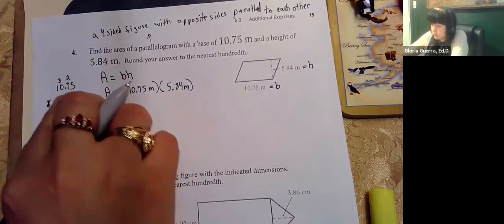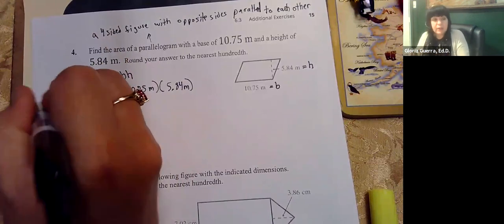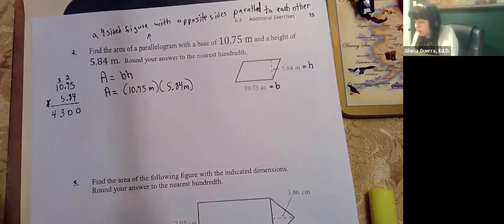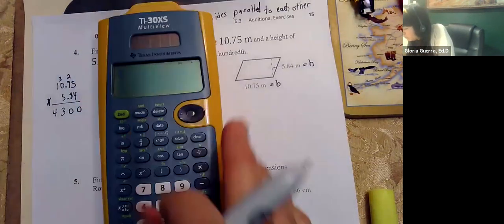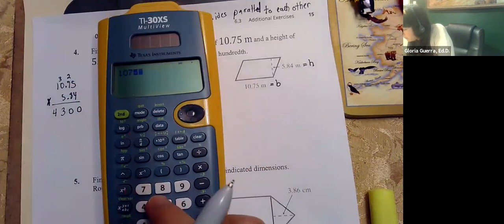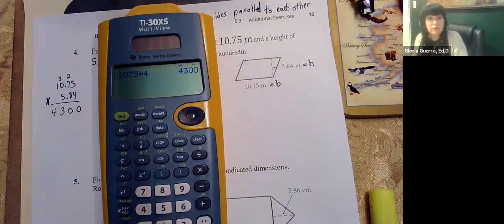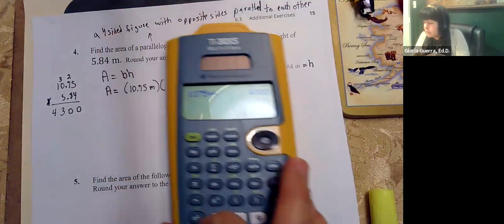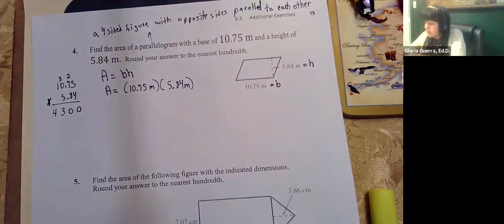And 4 times 1 is 4. And then if you want to check that right away on your calculator, that might be a good idea. 1075 times 4 is 4300. So if you want to check that right away, you can. And then I'm going to scratch these out now so that I won't overuse them.